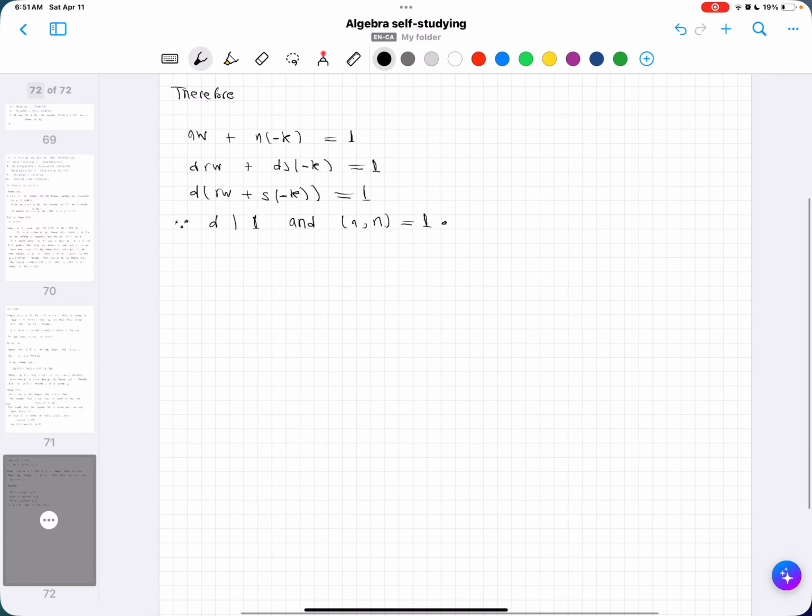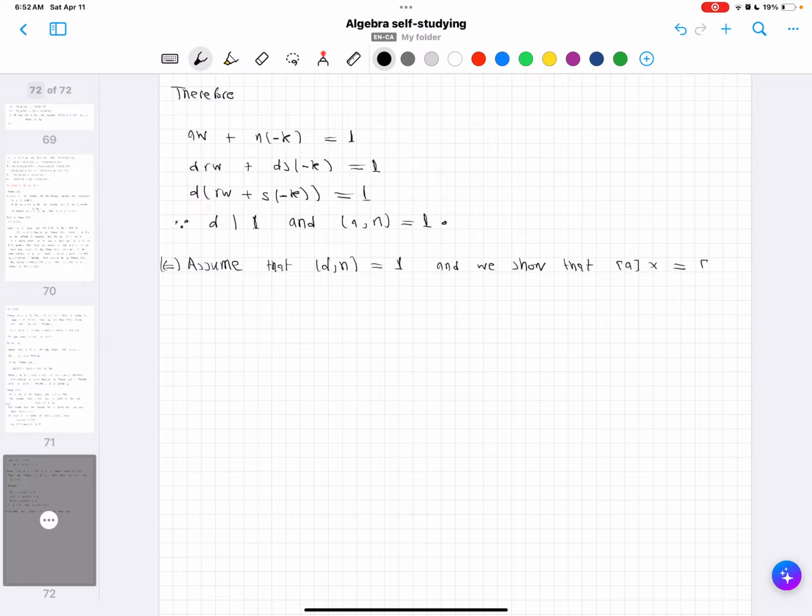So now the reverse implication is that we assume that the GCD of a and n is equal to 1, and we show that the class of a times x is equal to the class of 1 has a solution in Zn.